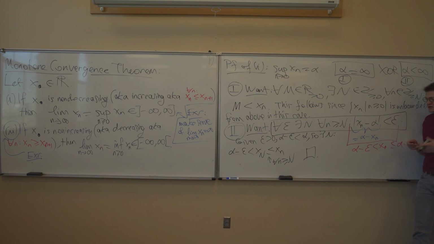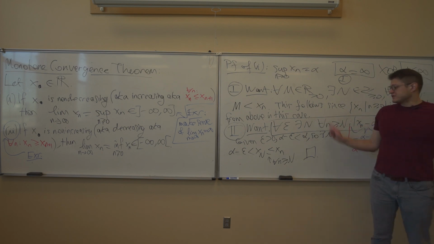I'm trying to simplify it. So I get rid of it. And I'm saying, oh, how do I get rid of it? Well, if I were to try to erase these absolute values, well, because this is always greater than this, well, I need to flip the sign. So this absolute value is this. And then I manipulate it just a little bit more to get an expression that I've seen in the definition of the sup. So you see, so far, until the end of this point, we didn't use anything specific about alpha being the supremum. We just use the fact that this is an upper bound.